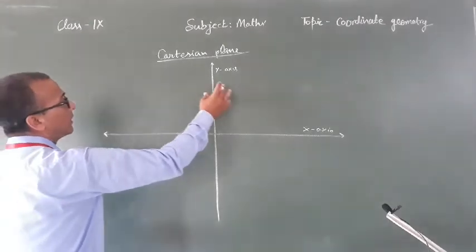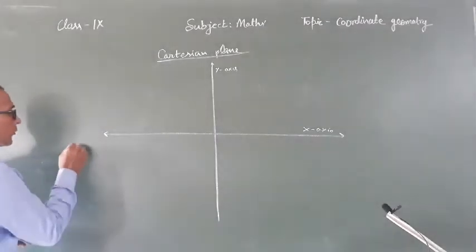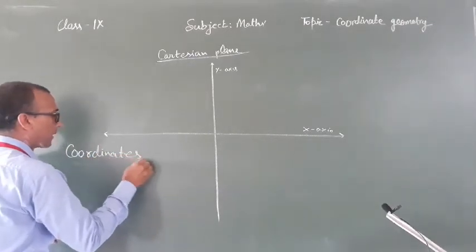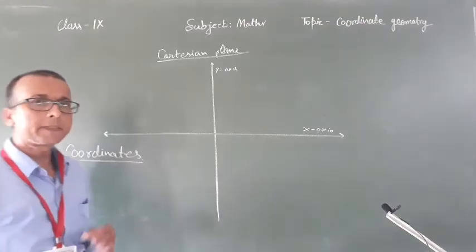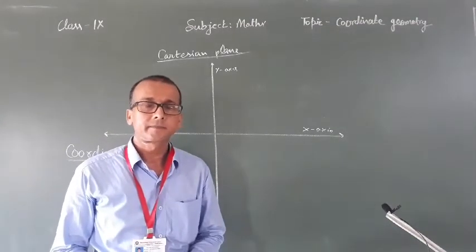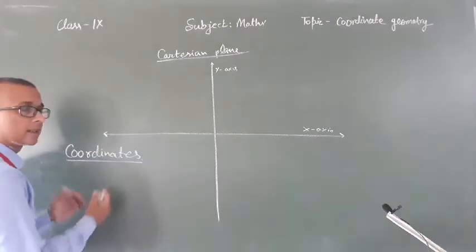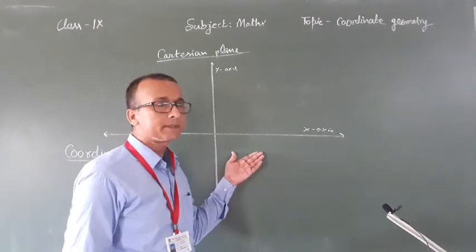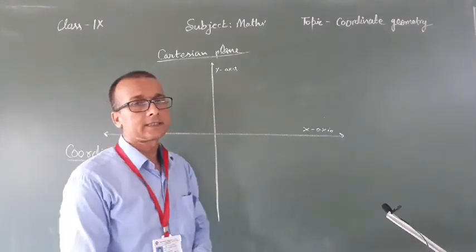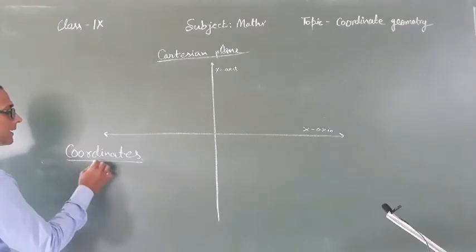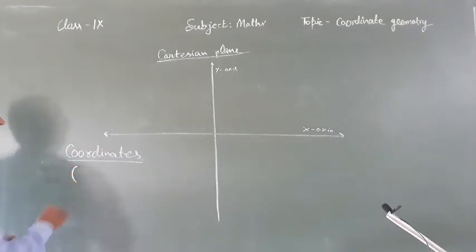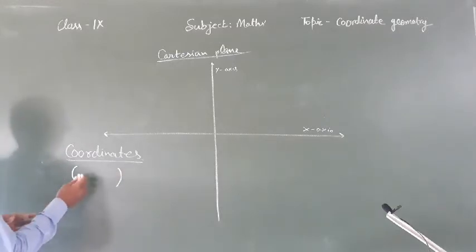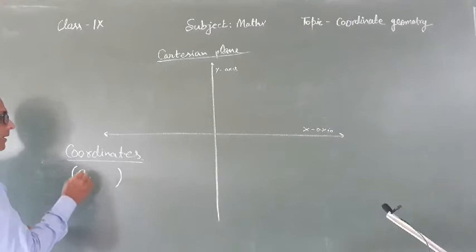And now, to locate a point, we need coordinates. Coordinates are represented as an ordered pair. Coordinates mean an ordered pair of x-axis abscissa and y-axis. The coordinate of any point is a specific notation in which we take small brackets and there are 2 real numbers a, b.